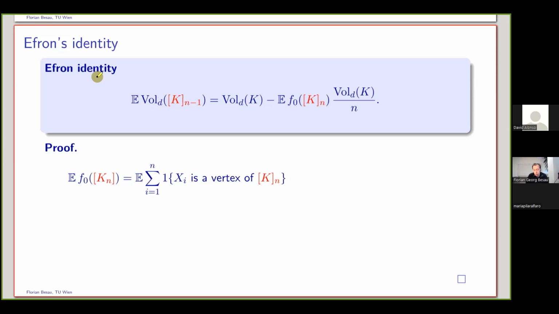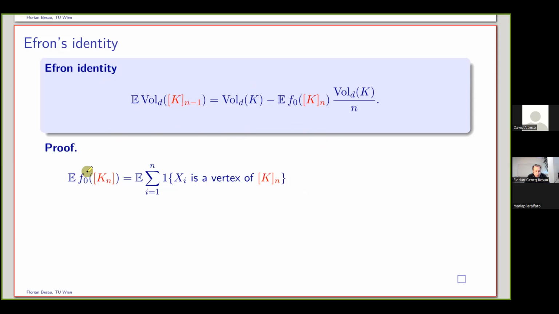And this is the well-known Efron identity. The proof here is very easy and short, and I want to briefly recall it because I want to talk a bit about the proof later on of another result where these ideas also play a certain role.